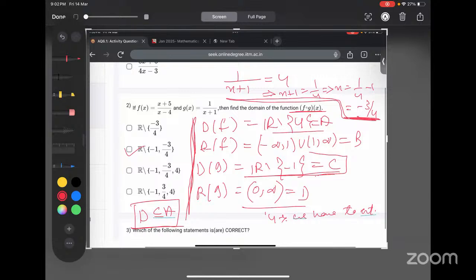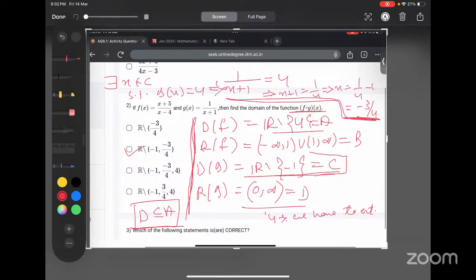Yes, ma'am. Okay. So basically, ma'am, 1 by X plus 1 equal to 4, how is it 4? Okay, that is what I'm explaining. Our target is to exclude 4 from D, right? So we have to restrict C in such a way so that we can exclude the point 4. Because C is the domain of G, there exists X in C such that G of X is 4, right?